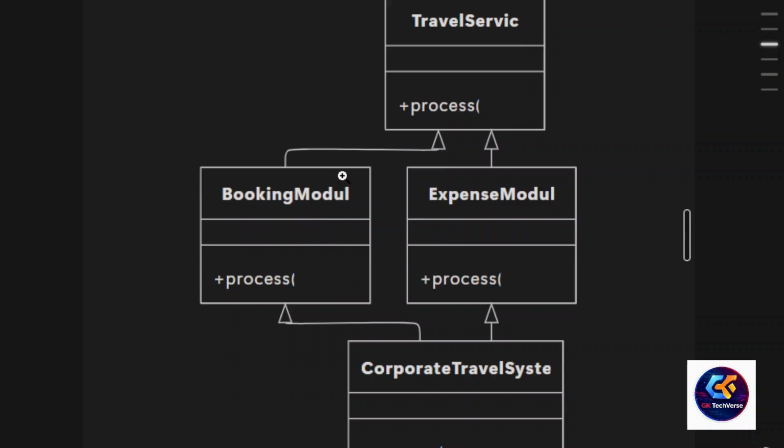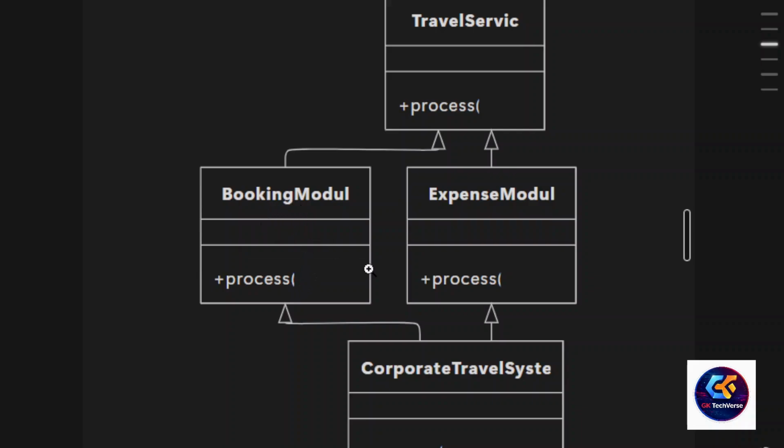So we can override the parent class methods if you want to have a separate implementation. You no need to copy the parent class implementation, you can override it. That's what we call polymorphism. So we will see that in detail in the next question.